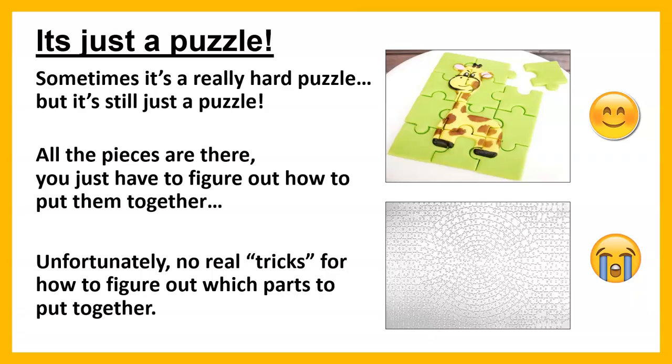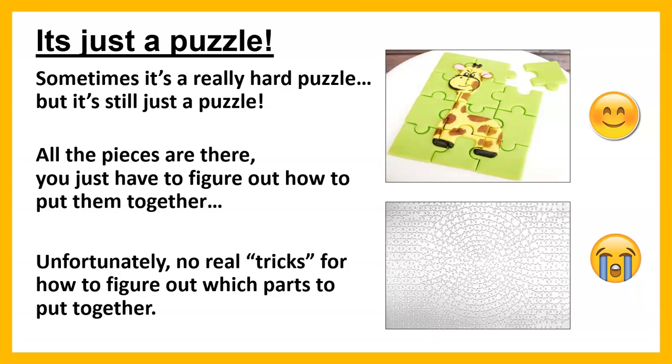So one of the things I think can be very helpful is if you're on a really tough one and you're pretty stuck, just remind yourself that you're looking for the puzzle pieces that need to go together. I don't have a lot of tricks for how to figure out which part of the equation to start with. If I did, believe me, I would tell you the trick if there was one.